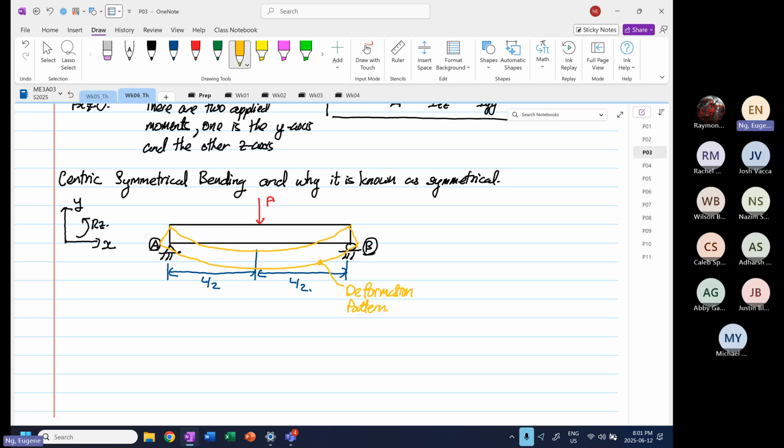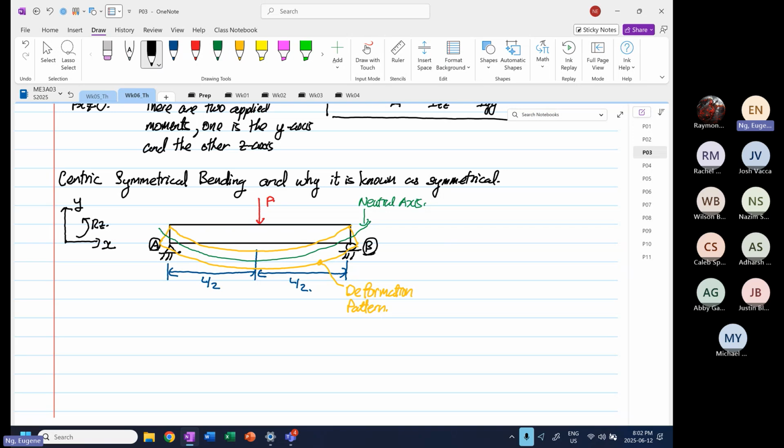Okay, and I'm going to sketch around the green line. Over here, this is known as our neutral axis. Okay, that is our neutral axis, right?